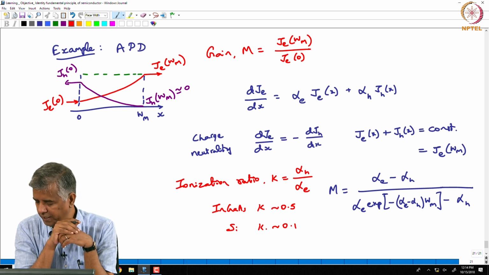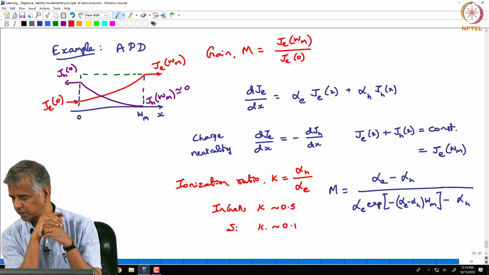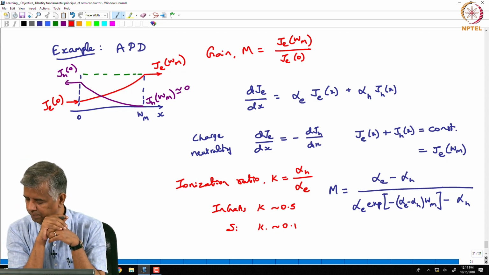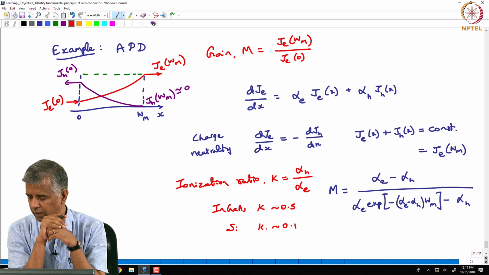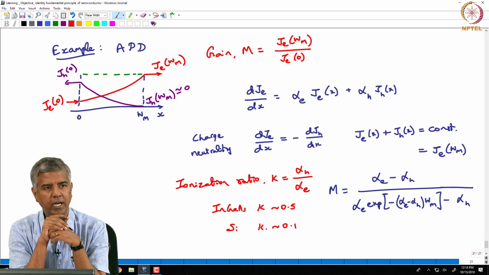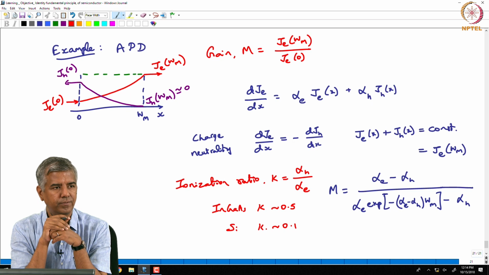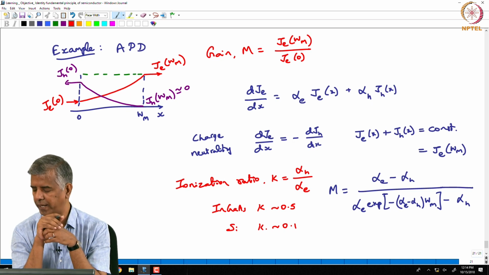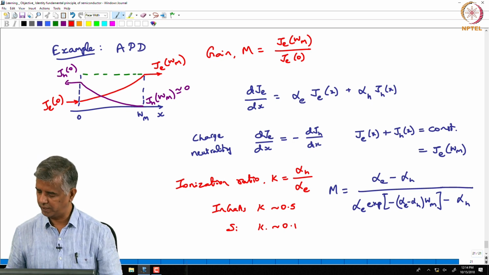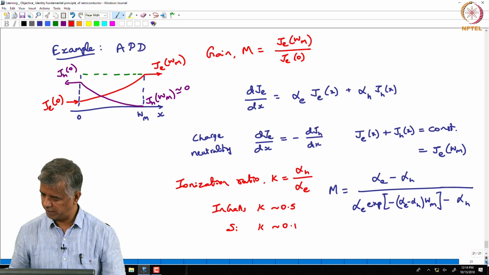Now if you define this, then in the expression for M, both in the numerator and the denominator, you can divide by alpha e. Then you get an expression in terms of k.